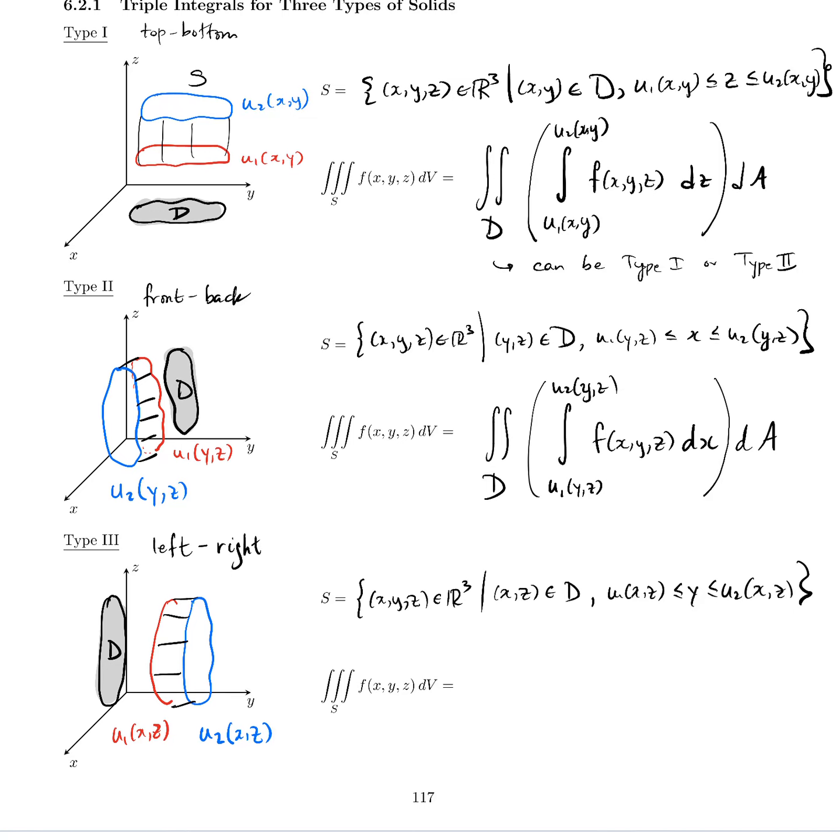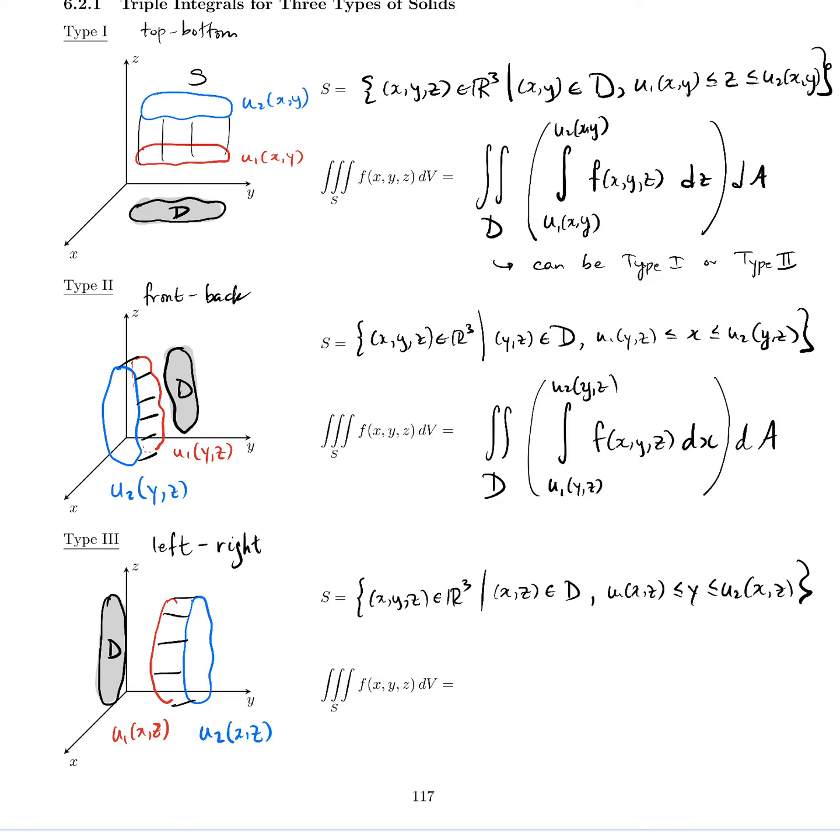And lastly, the corresponding triple integral to set up a solid that's bounded left-right. The inner integral is going to have variable bounds, but now the integral will be in terms of y: u1 of x,z to u2 of x,z of f of x,y,z dy.